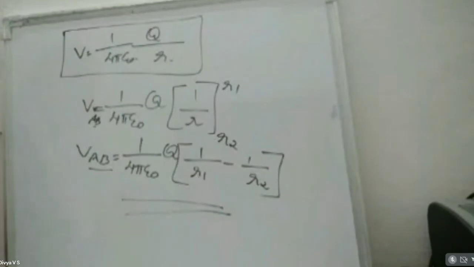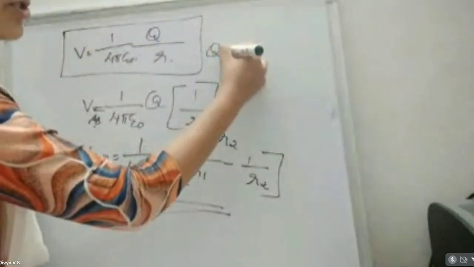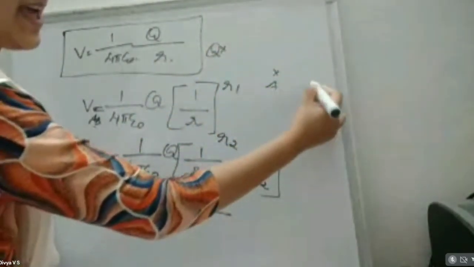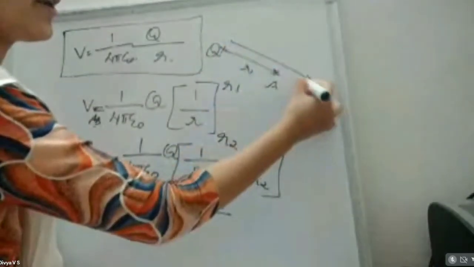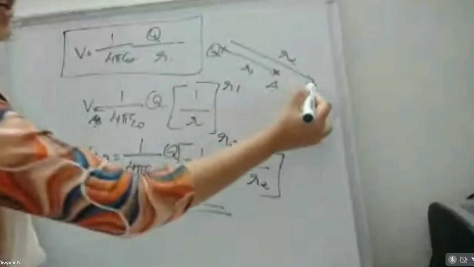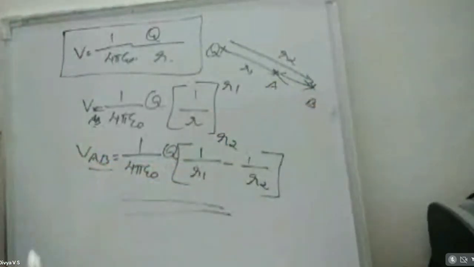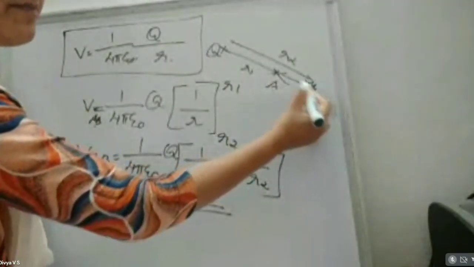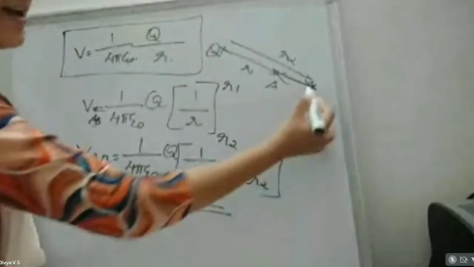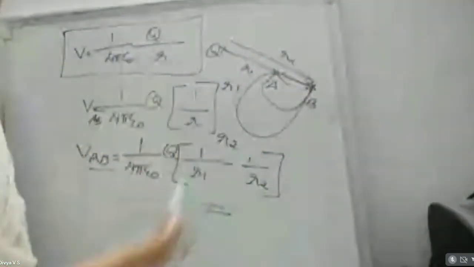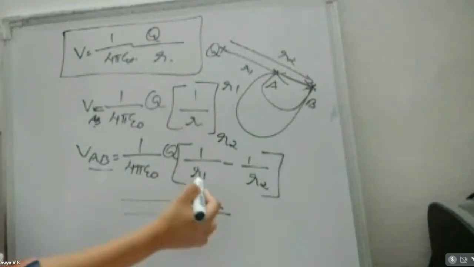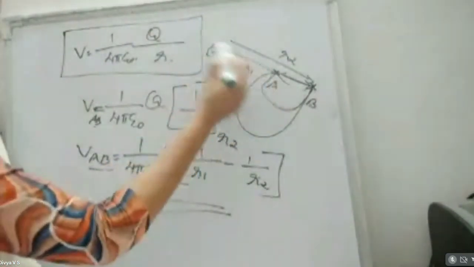R1 and R2. That is, if this is the charge Q and if this is A and this is B, this is R1 and this is R2, isn't it? Potential difference between A and B depends only on R1 and R2, which means if we bring the charge from B to A in a straight line or through a path like this or like this, whatever it is, in the expression we have only R1 and R2.